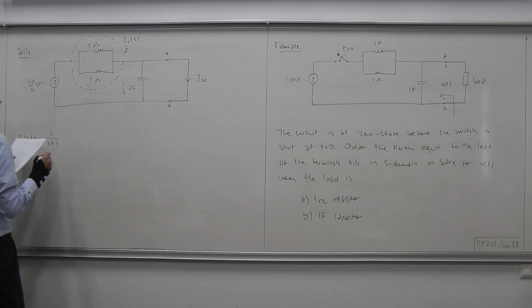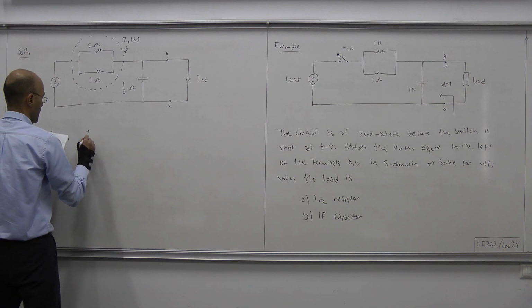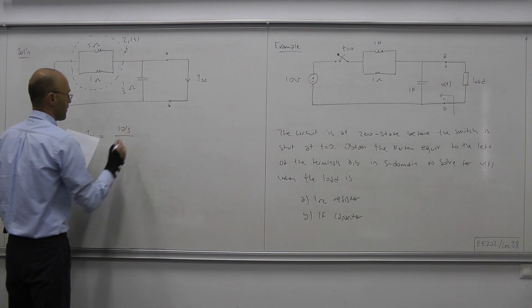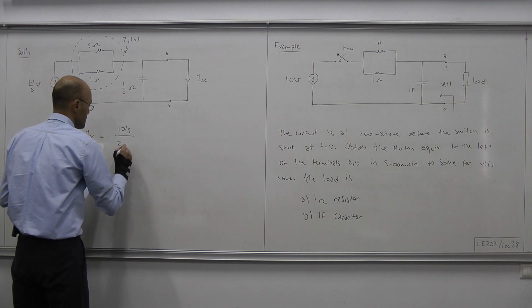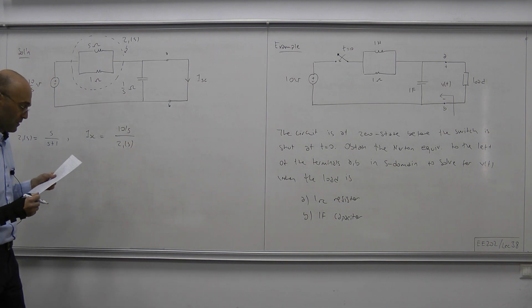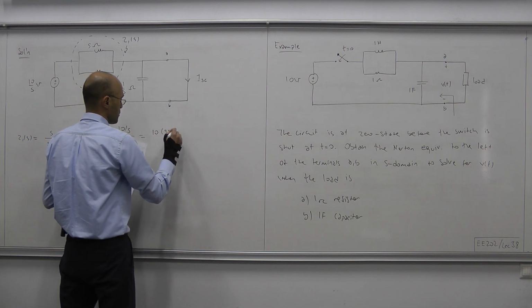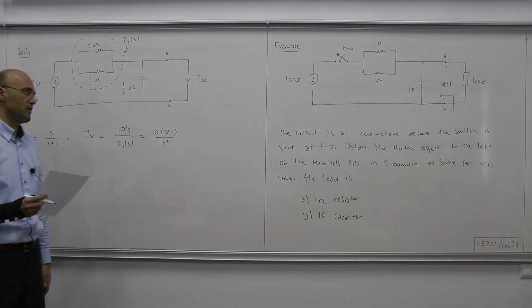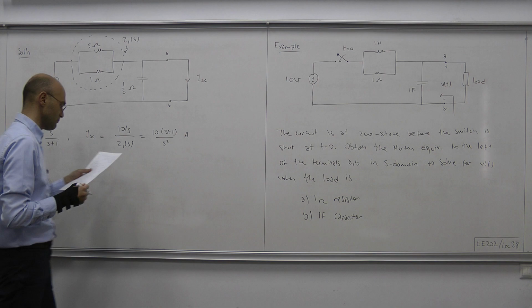So I short circuit is the voltage of the voltage source, 10 over S, divided by Z1 of S, and that's 10 times S plus 1 over S squared. So this is our Norton current in our Norton equivalent circuit, in amps.